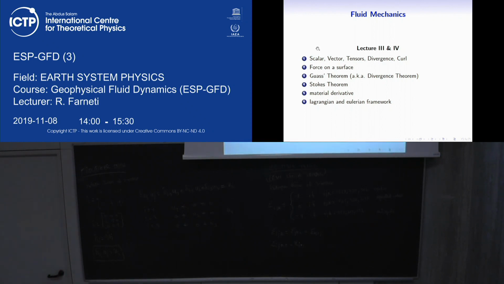So we're going to use this Kronecker delta and alternating tensor a lot when we derive our conservation laws in tensor notation.